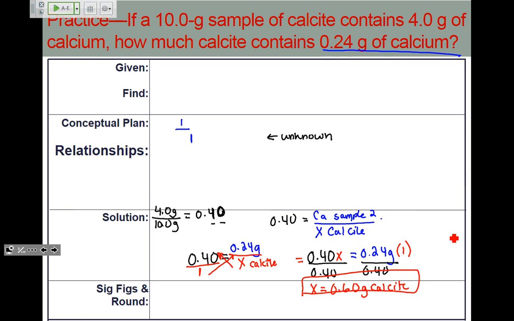And we get 0.60 grams calcite. And, of course, this is in two significant figures. Because this is 2, this is 2.